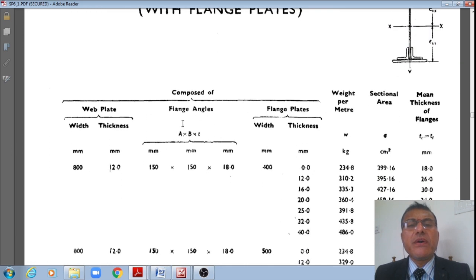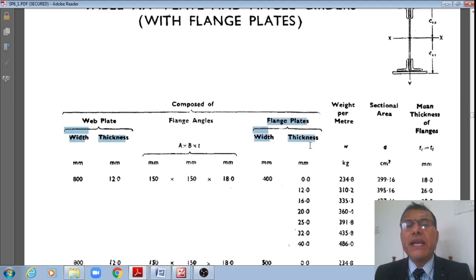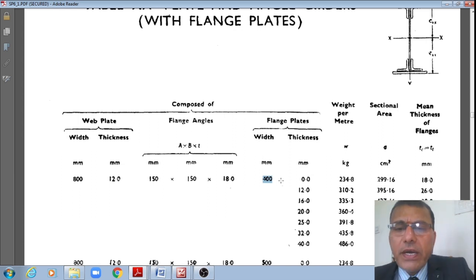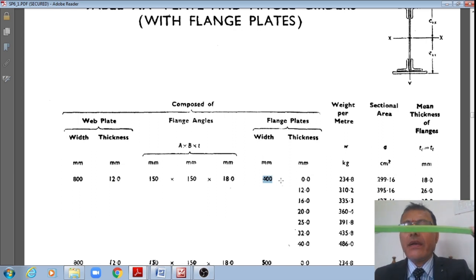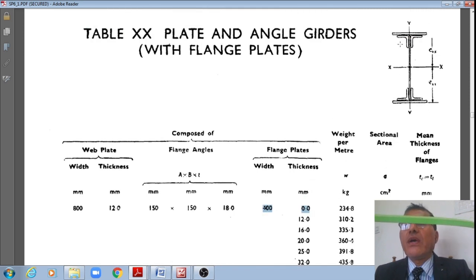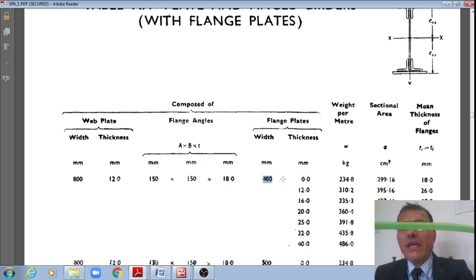If it is provided with 2 flange angles in the compression zone and 2 in the tension zone, ISA 150 by 150 by 18, and with flange plates in compression as well as tension zones of 400, the 0 means that the flange plate is not provided, just flange angles only. If the plate is there, it means 400 by 12.